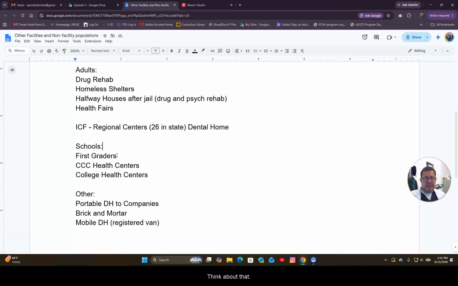Think about that. There's also the archdiocese, right? Catholic schools, there's private schools, okay? And it doesn't necessarily only have to be first graders, it could be all of elementary, it could be even other grades, but the majority is this, okay?